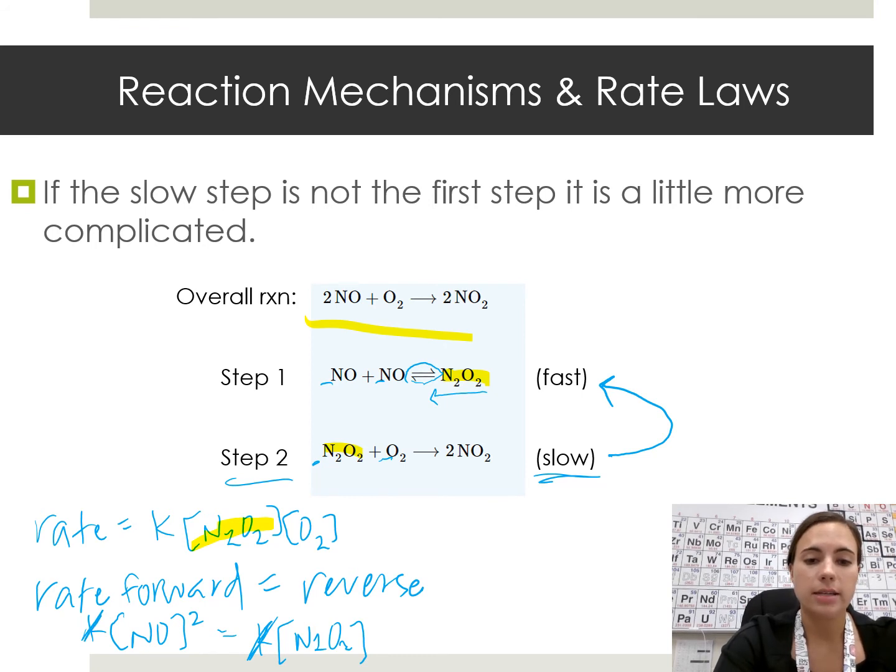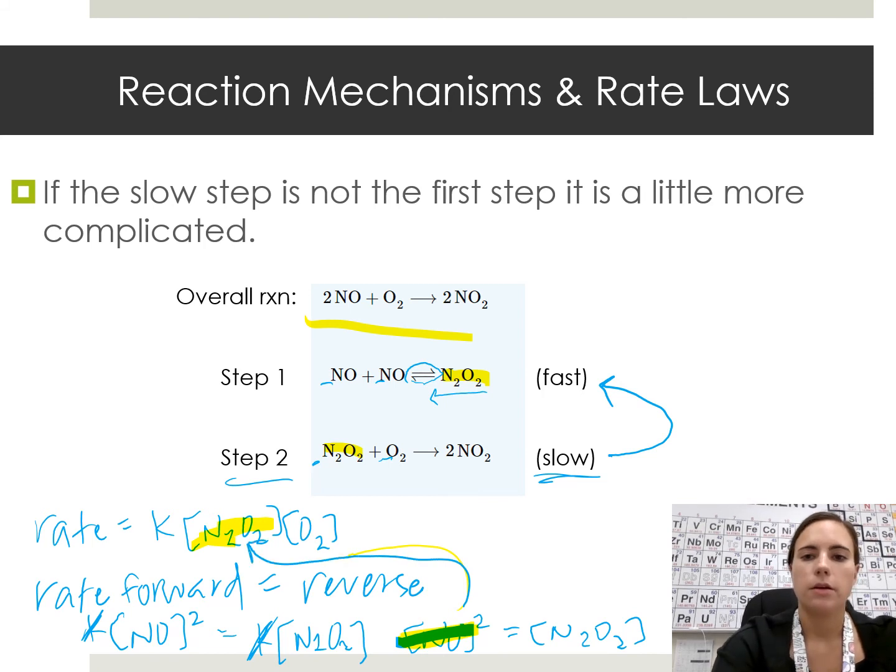And in this case now, I have NO second order equals N2O2. Well, now that these are equal, I've solved for it. I can plug in NO squared for N2O2. So I'm going to literally plug this in here.